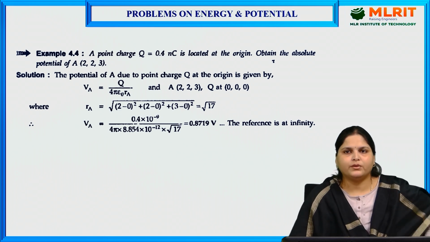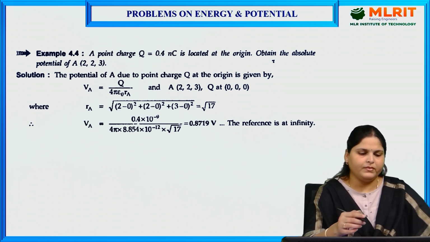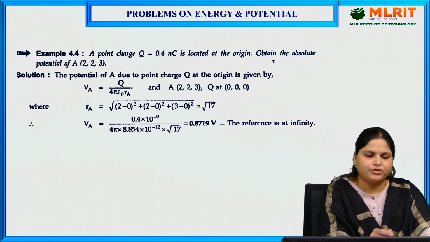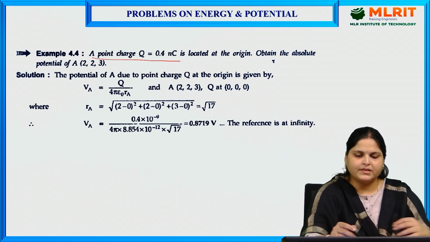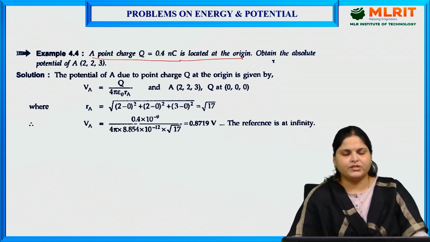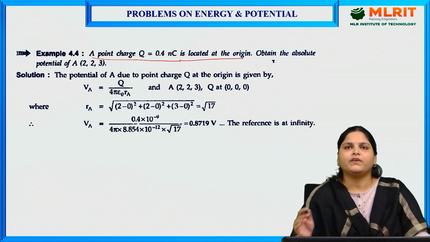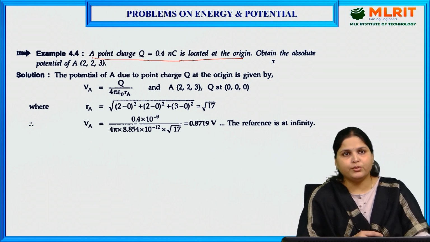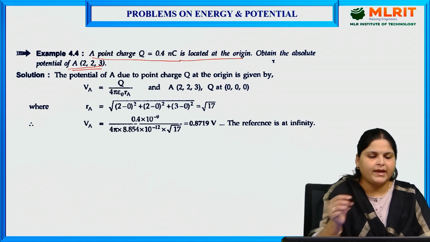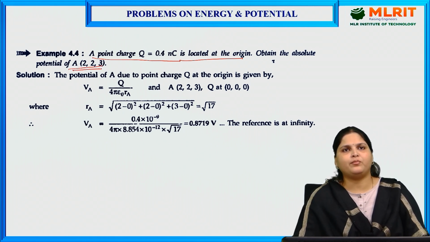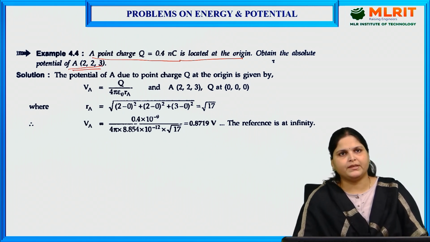Let's take another question. A point charge Q equal to 0.5 nanocoulomb is located at the origin. We have to obtain the absolute potential of point A, and the coordinates of that point are 2, 2, 3.